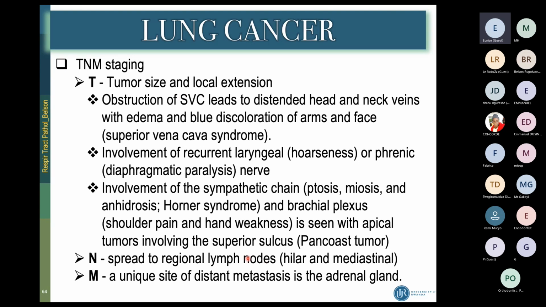Are they affected or not? When they are not affected, you put 0. When they are affected, you put 1 or 2 or 3, depending on the numbers of lymph nodes which are involved. And then M, it refers to metastasis. Is it either present or not, or you don't know? When you don't know, you put the X. When you know, then you put 1. When it is not there, you are sure, you put 0.